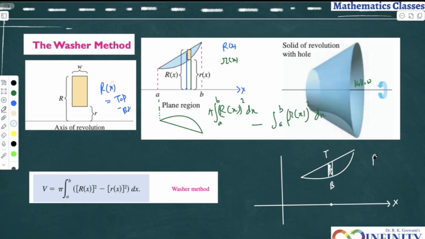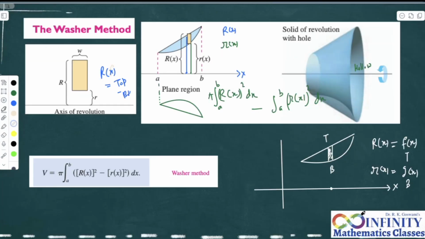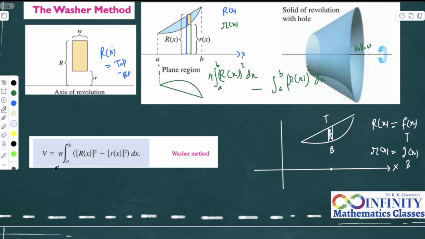So what is my capital Rx? It is whatever the function at the top. What is my small rx? It is whatever the function at the bottom there. Clear? The washer method will tell you the volume. It is going to be pi integration a to b. What is a there? It is nothing but the limits of x.